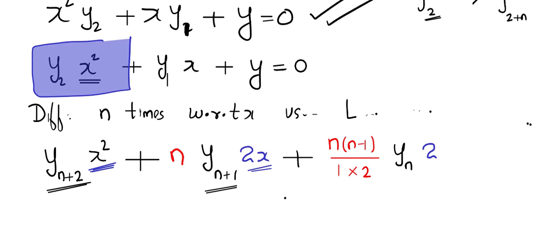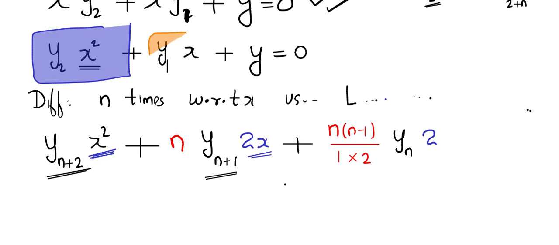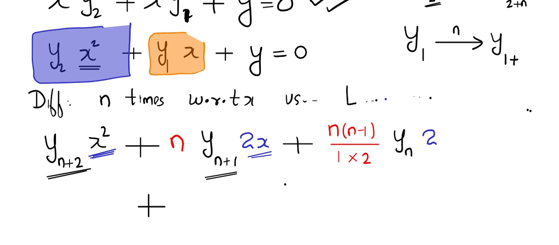Okay. Now let's go for the second term. So I'm going to put plus. Tell me, what will be the nth derivative of y1? That will be very simple, y1 plus n. So I'm going to write yn plus 1. I prefer writing n plus 1 than 1 plus n. Both mean the same, but I like this.